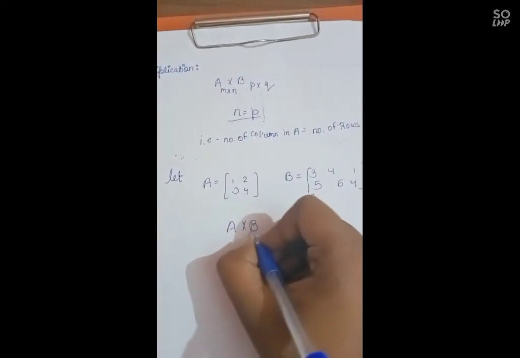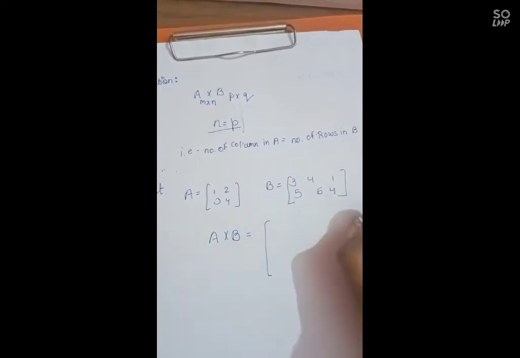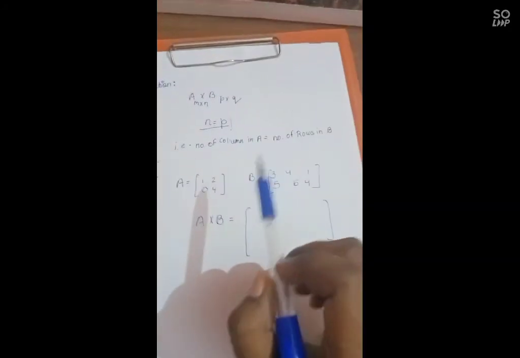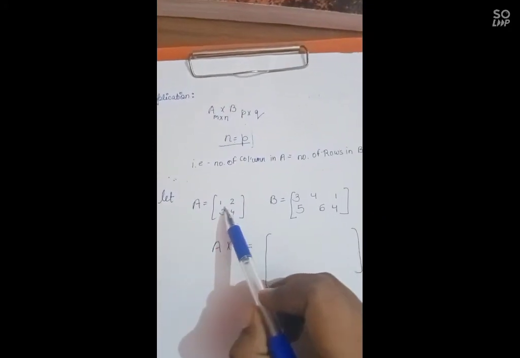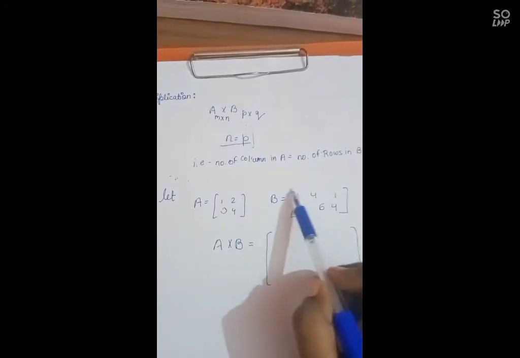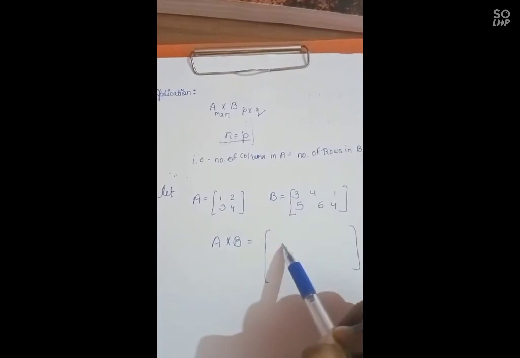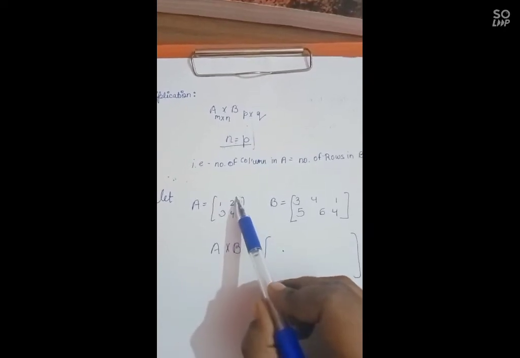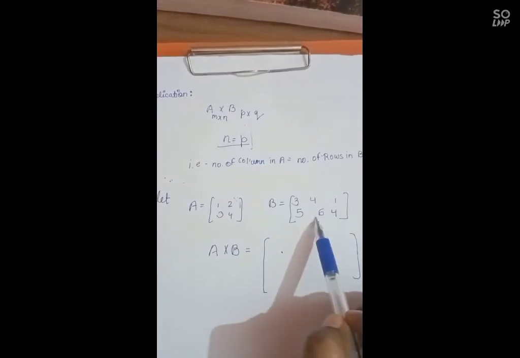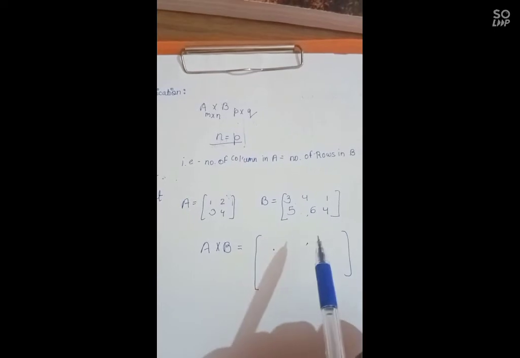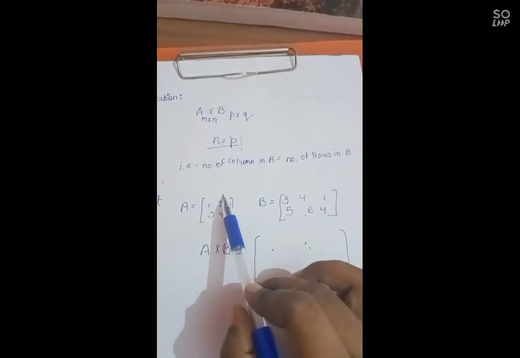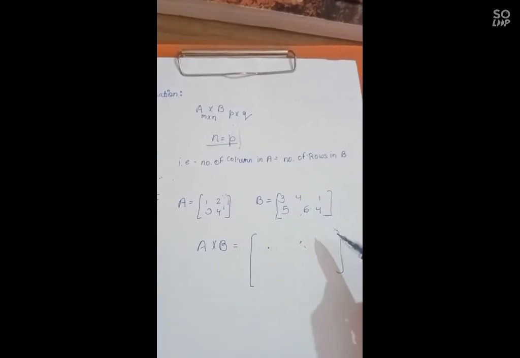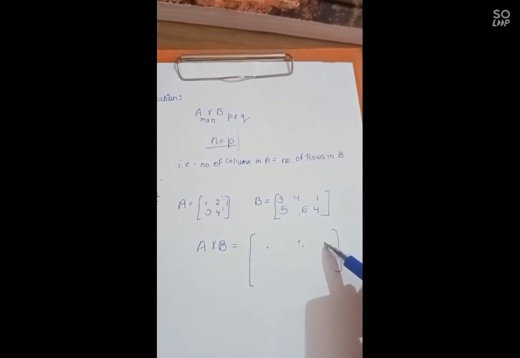We have to follow some steps for finding A into B. First we multiply the first row by the first column, and we get the first element. When we multiply the first row by the second column, we get the second element, and when we multiply the first row by the third column, we get the third element of the first row.